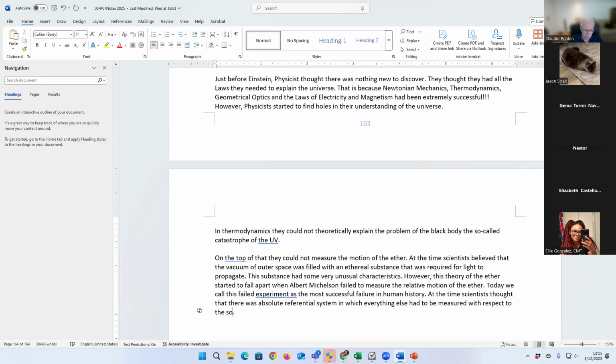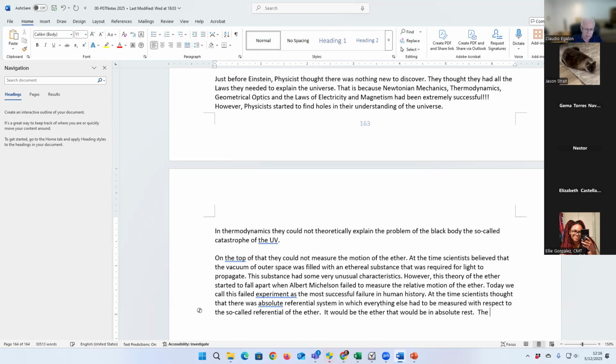The so-called referential of the ether. It should be the ether that would be in absolute rest. That was the idea that they had been implanting in the minds of the scientists at the time. There were even PhD theses that assumed the existence of this ether, of this absolute rest referential.